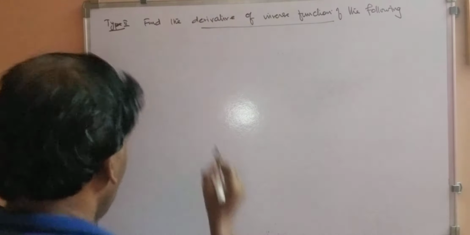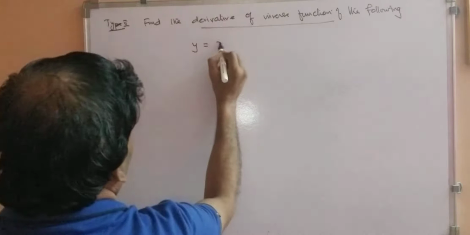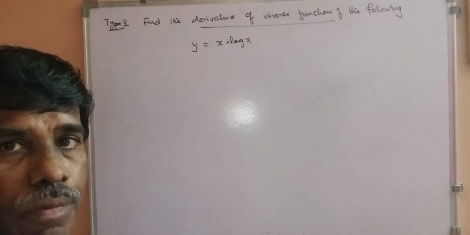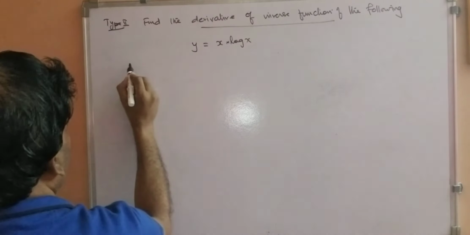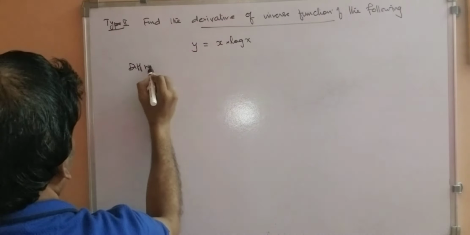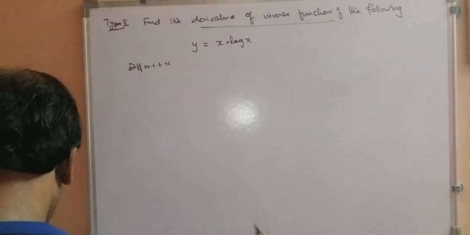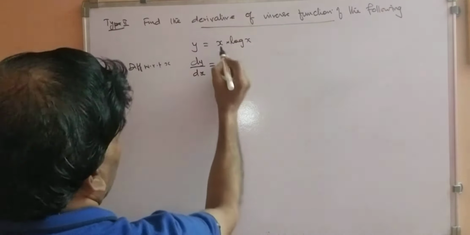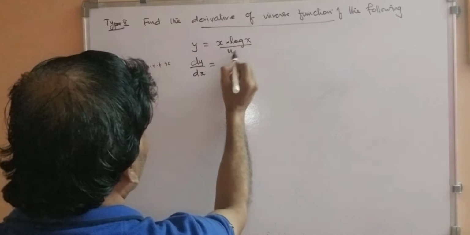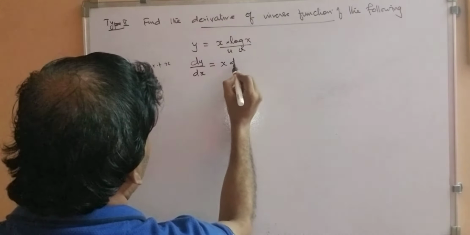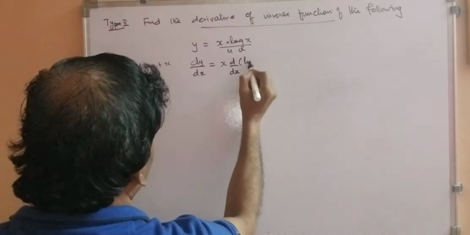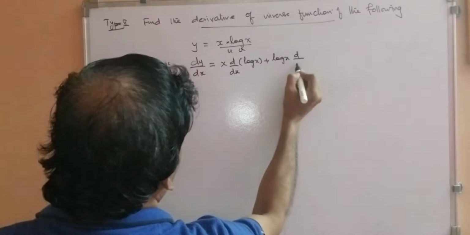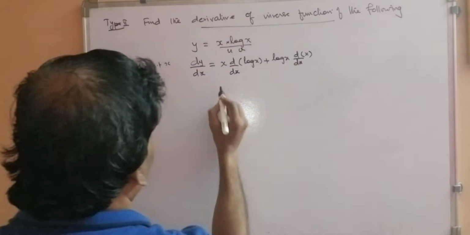Now third one, y equal to x log x. So as usual we will do, differentiating with respect to x. What will we get? dy by dx equal to, same thing, uv formula, x into d by dx of log x plus log x into d by dx of x.